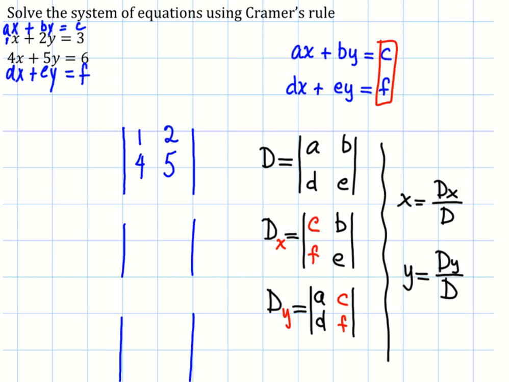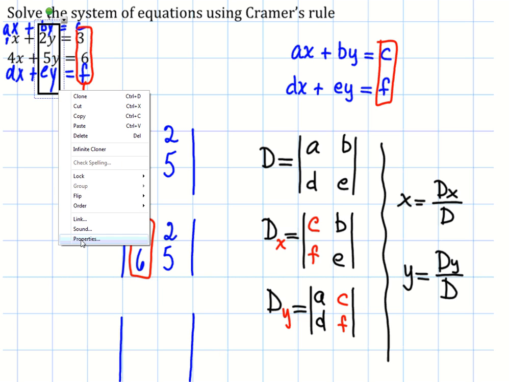So that matrix would be 3, 2, 6, 5. Okay, and then my Dy, if you put your hand over the y, you see you only have the x and the constant left, but it's in the form of AC DF.